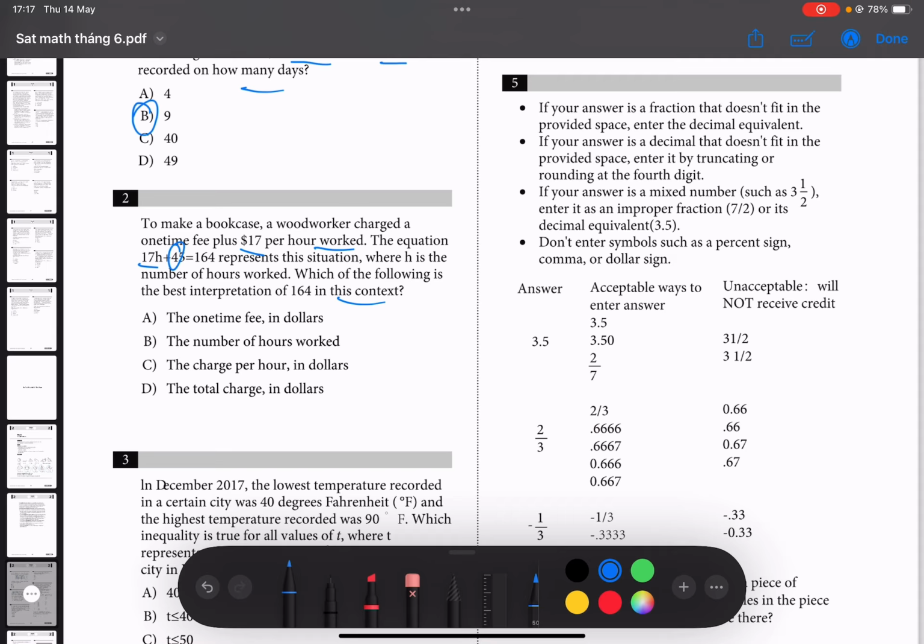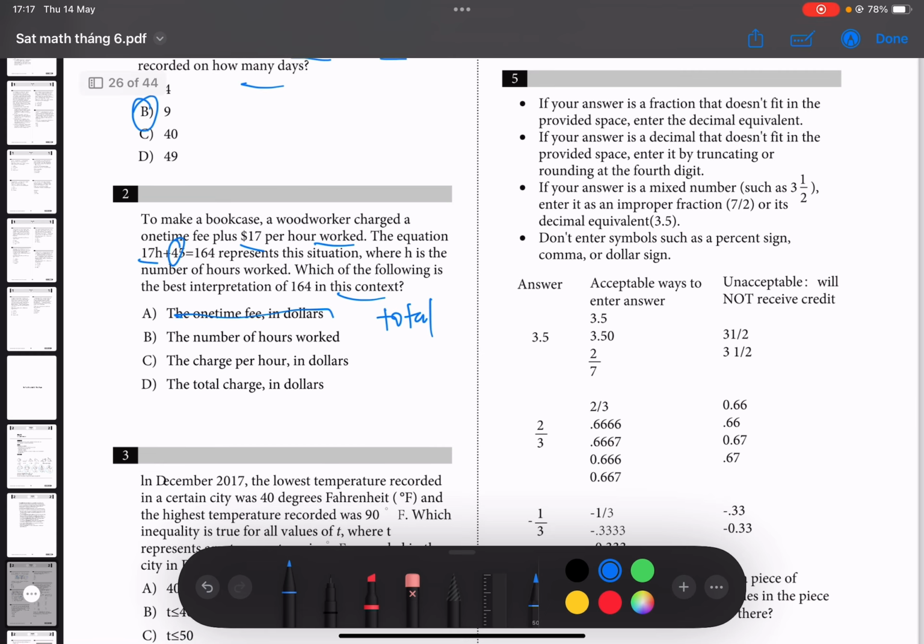The keyword is total. So we go through the answer choices: the one-time fee is not correct, the number of hours worked is not correct, the charge per hour in dollars is not correct, the total charge, so it is D.